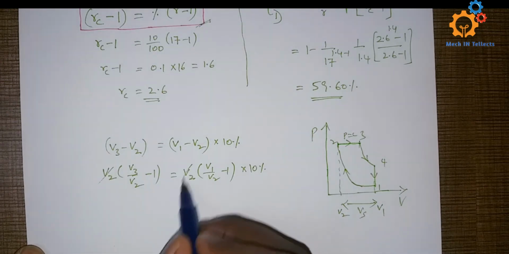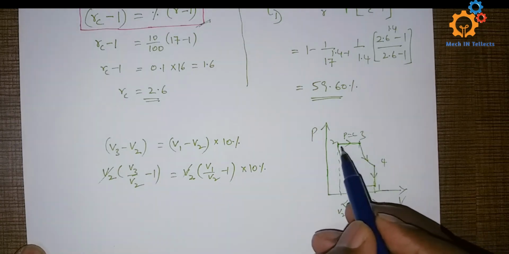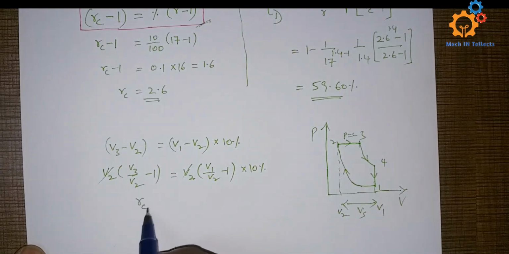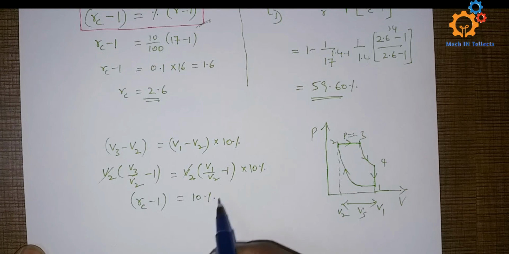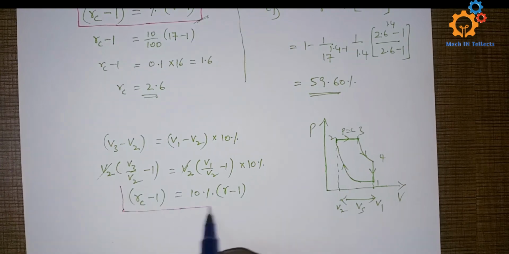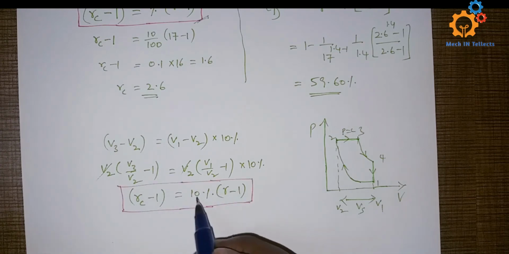Okay, V2 and V2 get cancelled. What is V3 by V2? Now the cutoff ratio came into the picture. V3 by V2 is cutoff ratio minus 1 is equal to 10%, V1 by V2 is compression ratio R minus 1. Okay, this is the formula which I used. Just change the percentage.